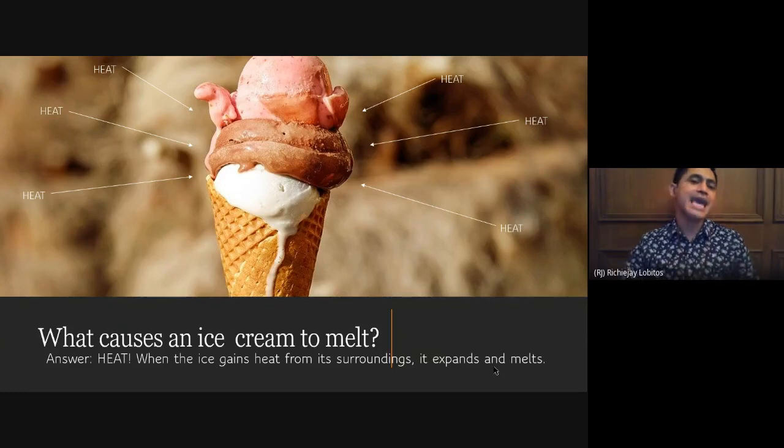When the surrounding air is warmer than the ice cream, it will gain heat from the surrounding air. And again, when that happens, the ice cream will expand and melt. So that is about the melting process. I hope that's very clear.